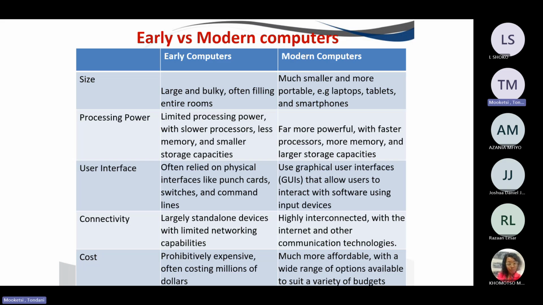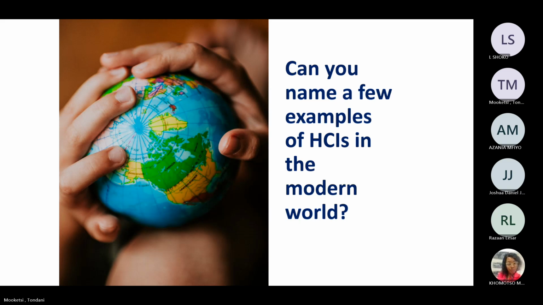So can you guys name a few examples of HCIs in the modern world? Any example you can think of?